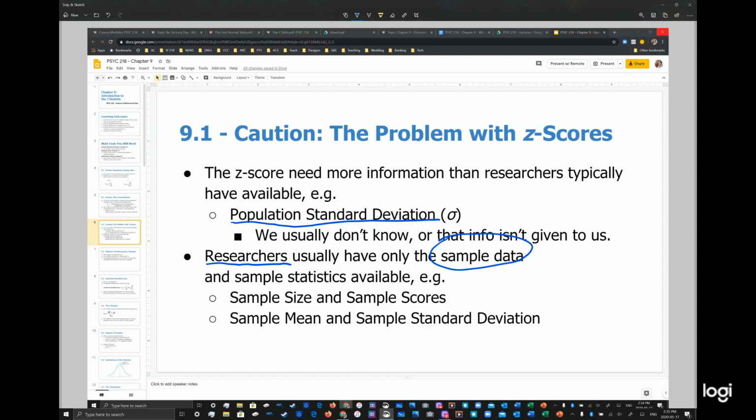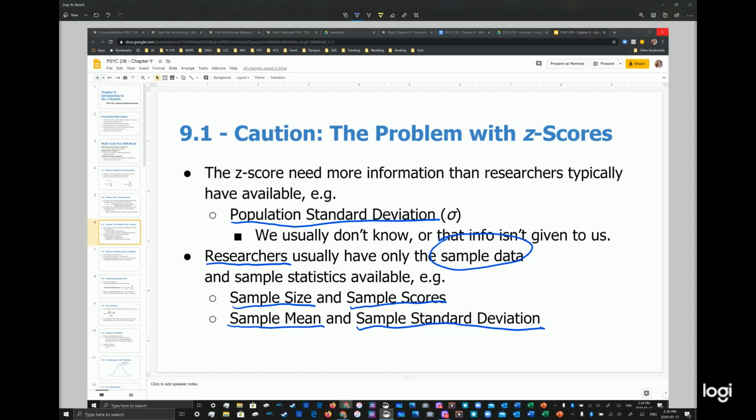And so, instead of the population of Canada, which is in the millions, the sample here is only 100. Whatever sample you have, and even in your surveys and your projects in your research methods class like Psych 217, your sample size and sample scores is really what you have. And that's kind of it. So the data you can get from that is your sample mean and your sample standard deviation.